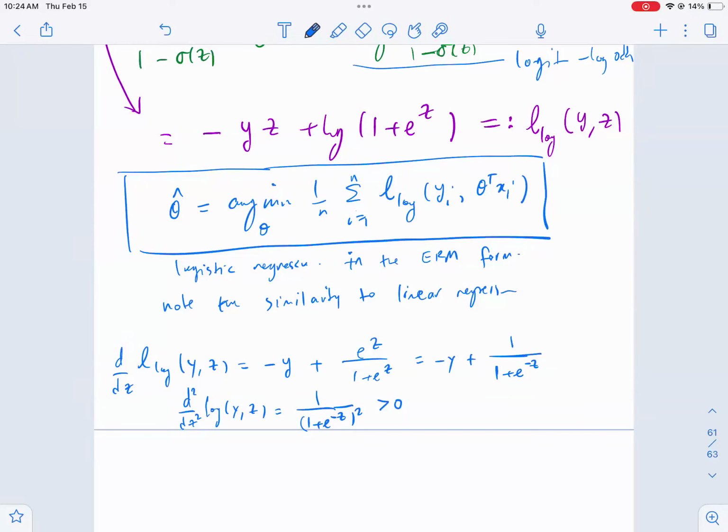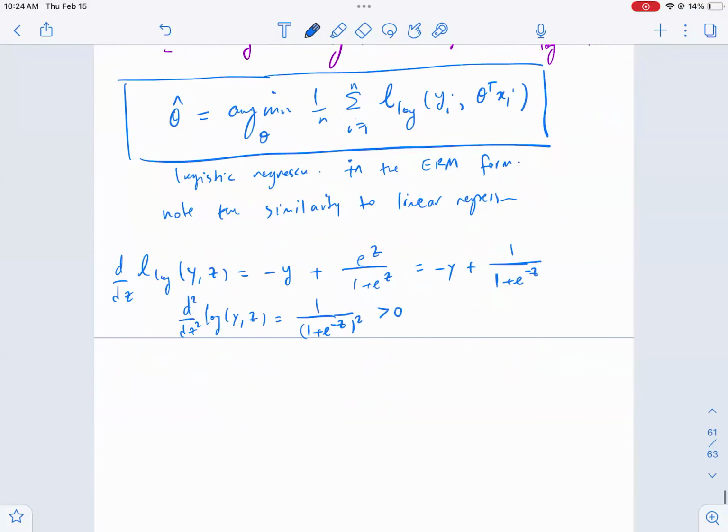Yeah. Explain again, why do you want to take the second derivative of that? I wanted to show that this is convex, and a differentiable function is convex if and only if the second derivative is positive. Convexity: something that looks like this is convex.